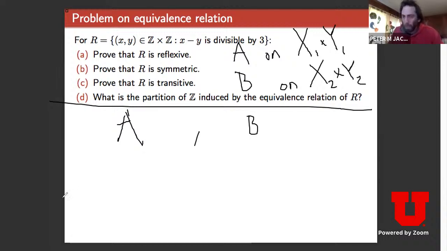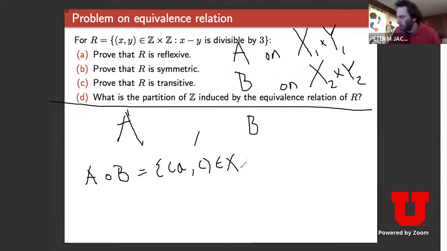Then the relation A composed with B is another relation. The definition of this relation is the set of (A, C) pairs such that it is in x1 cross y2.